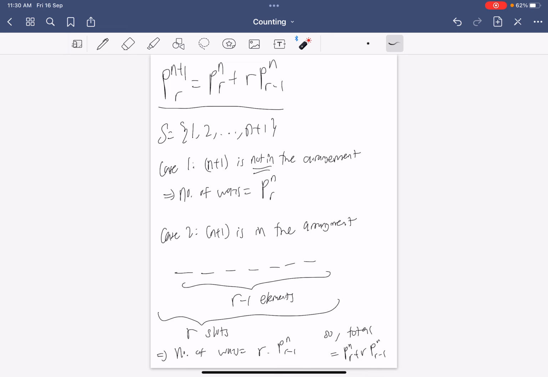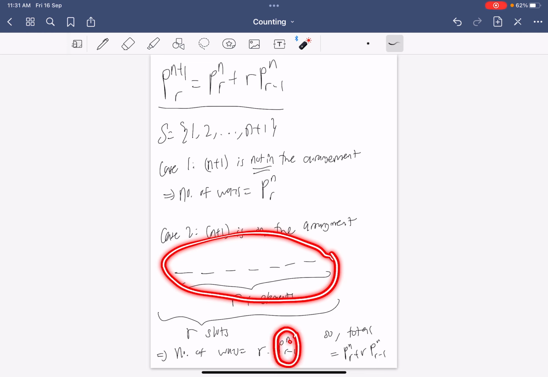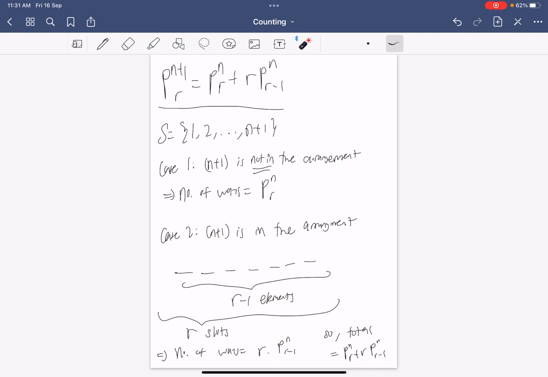And so you arrange them first, so that gives you P(n, r minus 1), and with that you have r slots, and so your n plus 1 element can choose any of these r slots to go in to add on to the arrangement. So the total number of ways there will be r times P(n, r minus 1), and hence this total number will just be equal to the 2 cases added together.